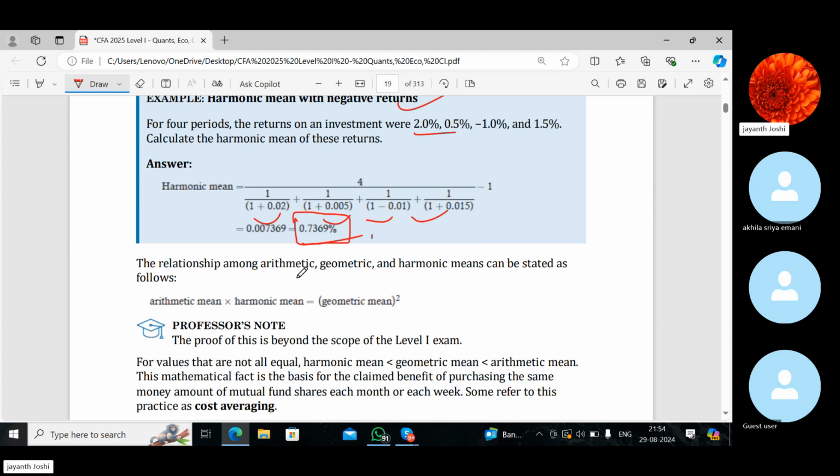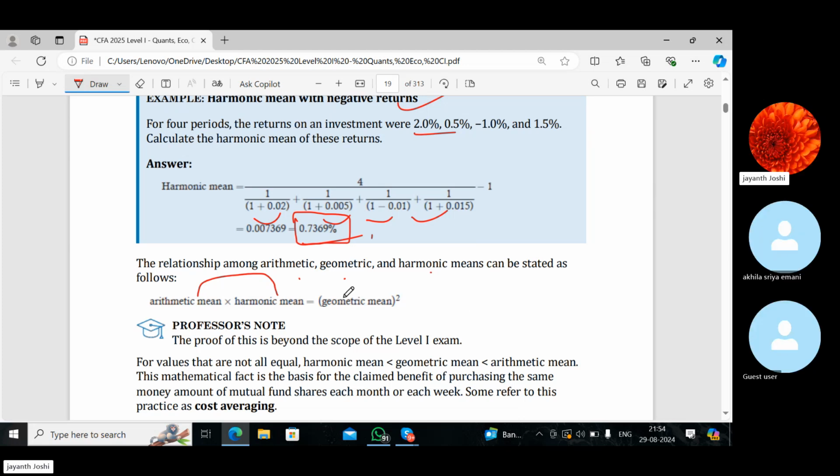The relationship among arithmetic, geometric, and harmonic mean: arithmetic mean into harmonic mean is equal to the square of the geometric mean. Geometric mean square is equal to arithmetic mean into harmonic mean.